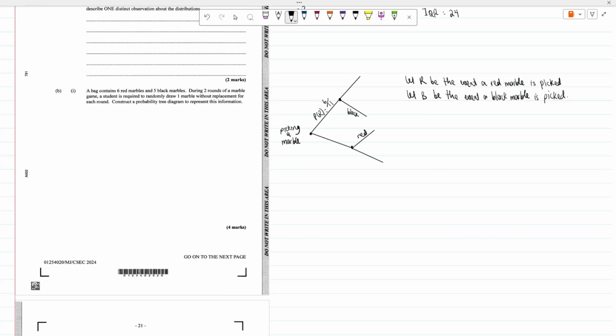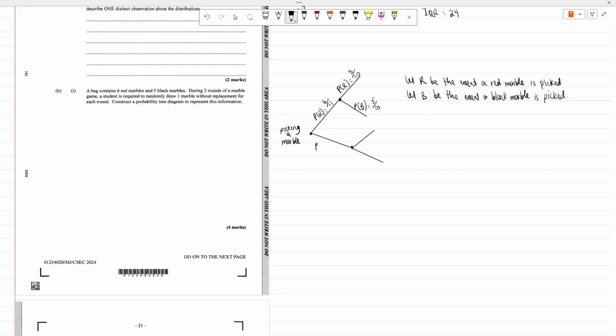I'm rubbing off the colors so we could look at probabilities alone now. Then the probability that I pick a red marble on the second try, I take out the red and throw it away. Cool? So now I have 5 red and 10 marbles in the bag.